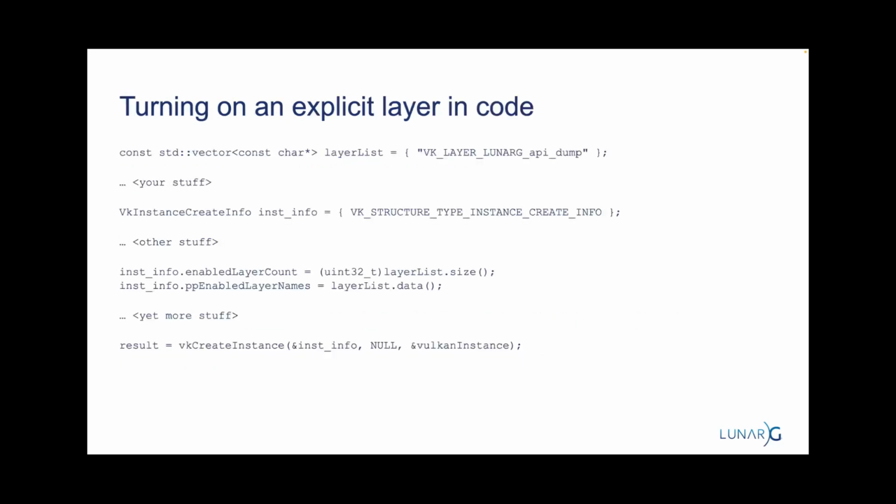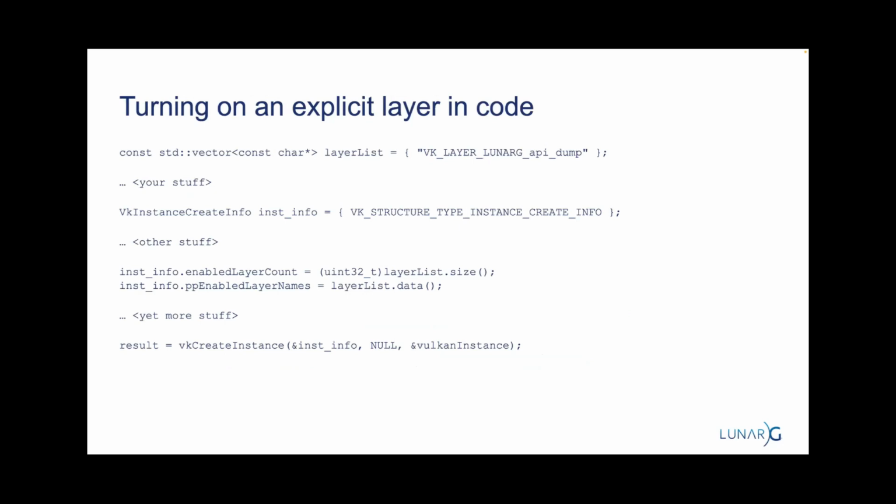If you've never seen how to turn it on in code before, this works on the desktop as well as iOS. We simply make a list of layers that we want, for example the API dump, and when we create our instance, we add that to the ppEnabledLayerNames member of the create instance info structure.